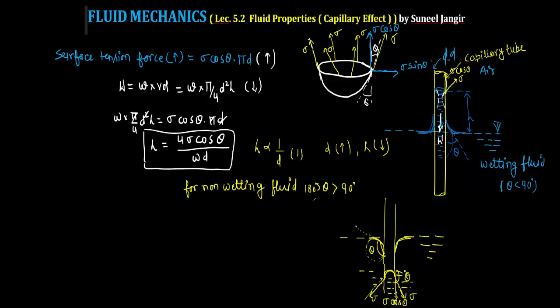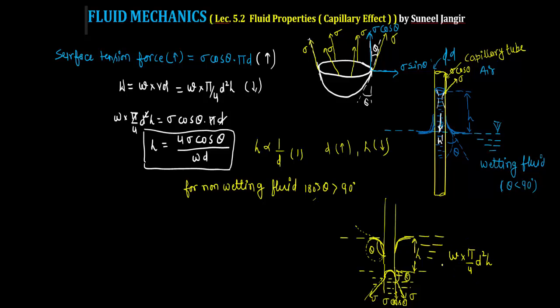This is h. So the weight of the displaced fluid is the specific weight of fluid times the volume displaced, pi by 4 d square h.